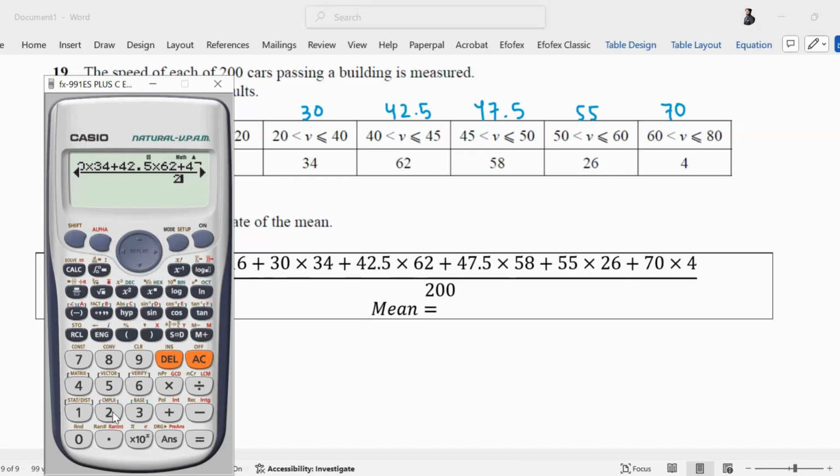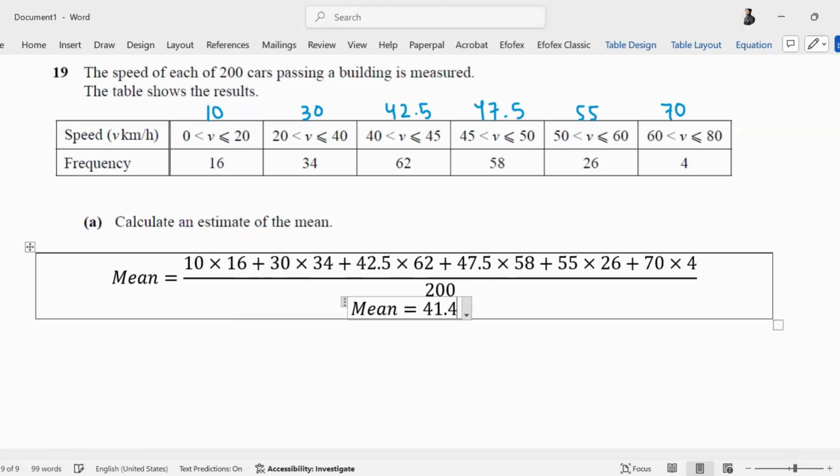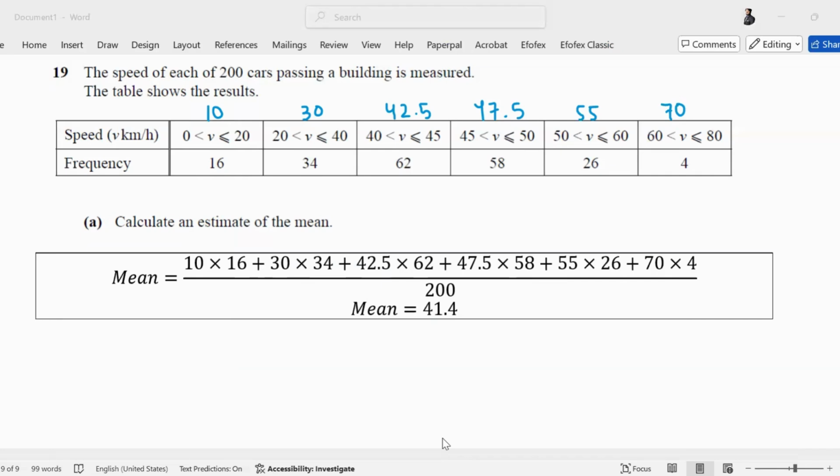This should be divided by 200. So the mean we should end up with is 41.4. That is the mean average speed of the cars. Now it wants us to fill the cumulative frequency table.